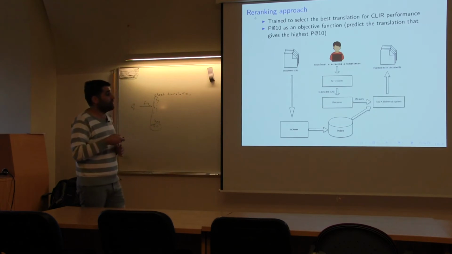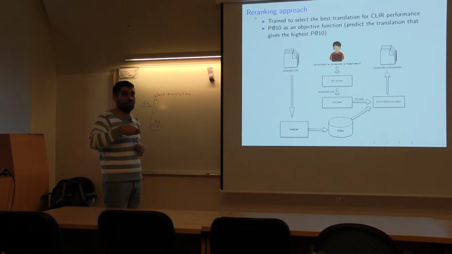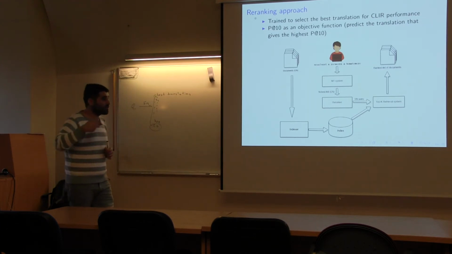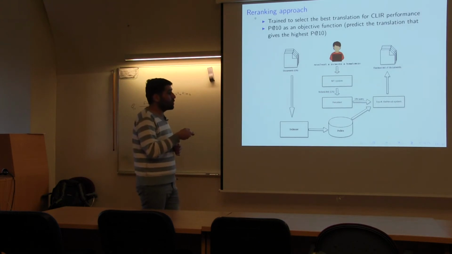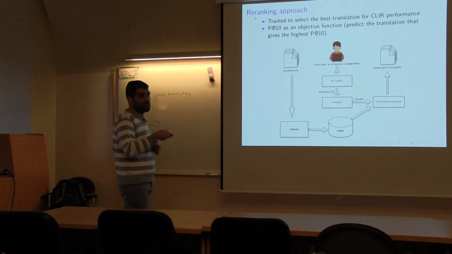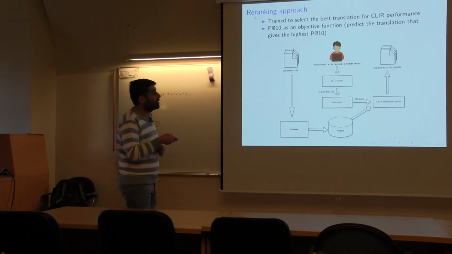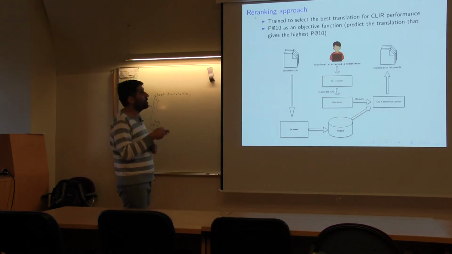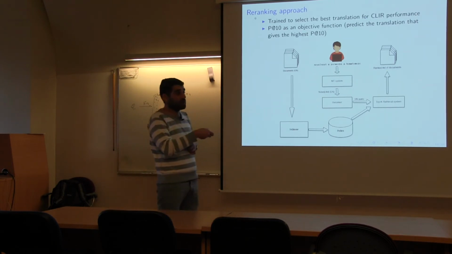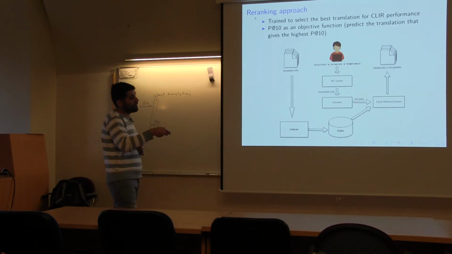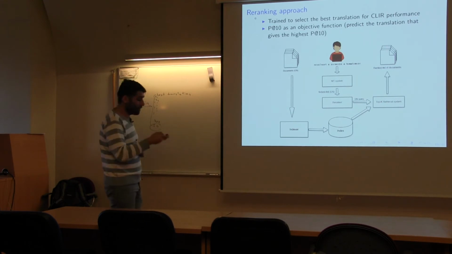From this n-best list in English, we re-rank the list to get the translation that might give the highest P at 10. So we are not using the best translation anymore. We are using a different translation according to our re-ranking model. And then we use this translation as an English query to do retrieval.